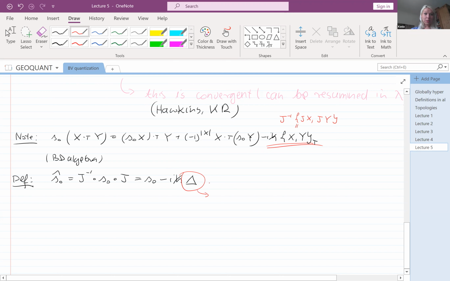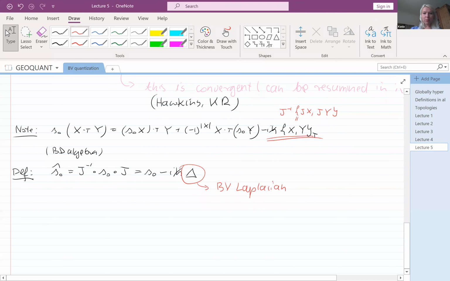This quantum correction is called the BV Laplacian. Modulo signs, delta is d squared over d phi of x, d phi dagger of x. So this is a graded Laplacian, which is a natural structure on this odd cotangent bundle that we are working on. This is a nice thing geometrically.